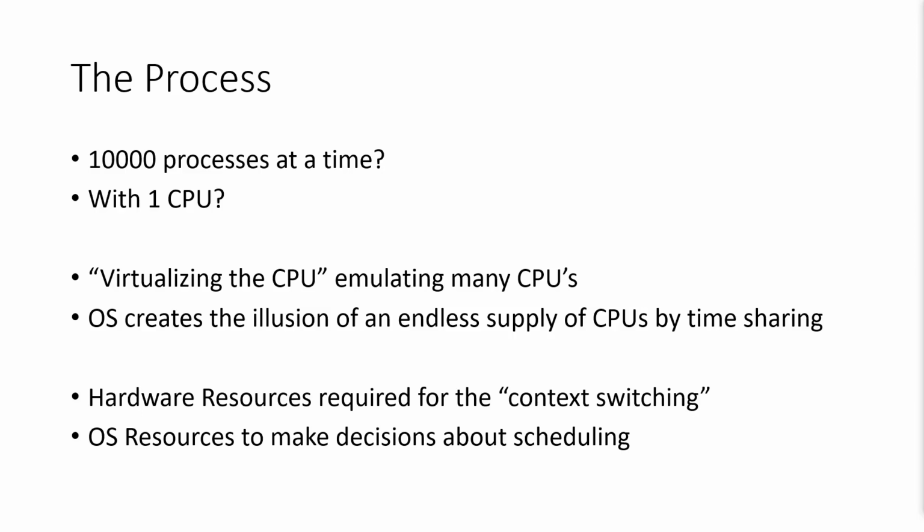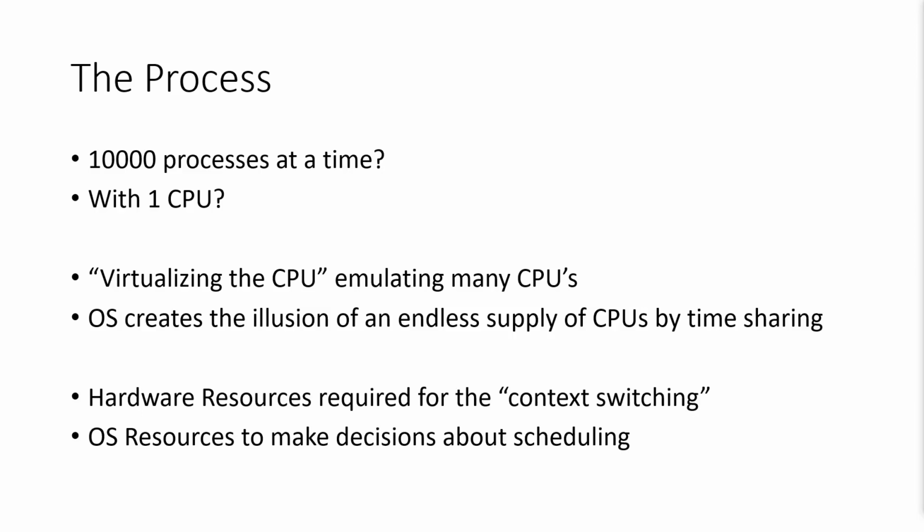There is nothing in our code indicating that this time sharing is going on. So the operating system needs to take care of this and maintain the illusion that every program has full control over the CPU. To do that, it requires two resources. First, something in hardware that lets us do this context switching. We talked a little bit about that in the intro lecture: it's the timer interrupt and the kernel bit.